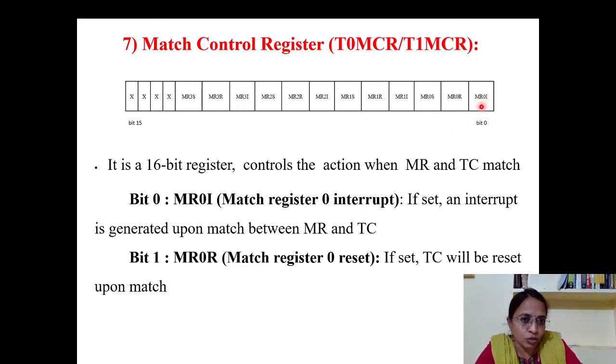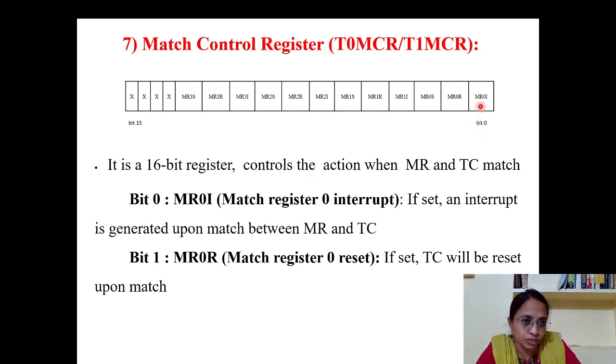Match register 0 interrupt, match register 1 interrupt, match register 2 interrupt, and match register 3 interrupt. All these 4 bits have the same functionality. So what is their function? Whenever a match occurs, if these bits are set equal to 1, then an interrupt will be generated.